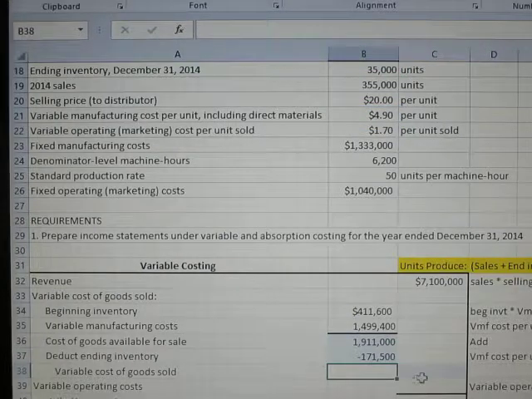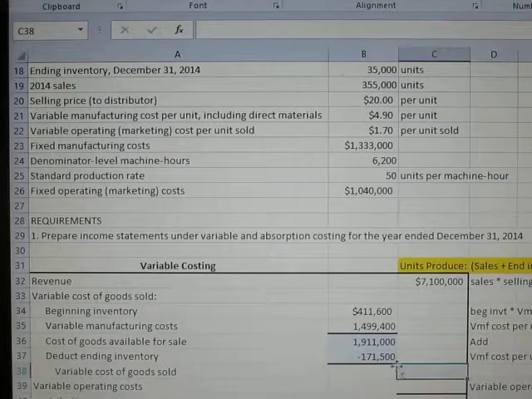Okay. So variable cost of goods sold, you minus the cost of goods sold by the ending inventory.